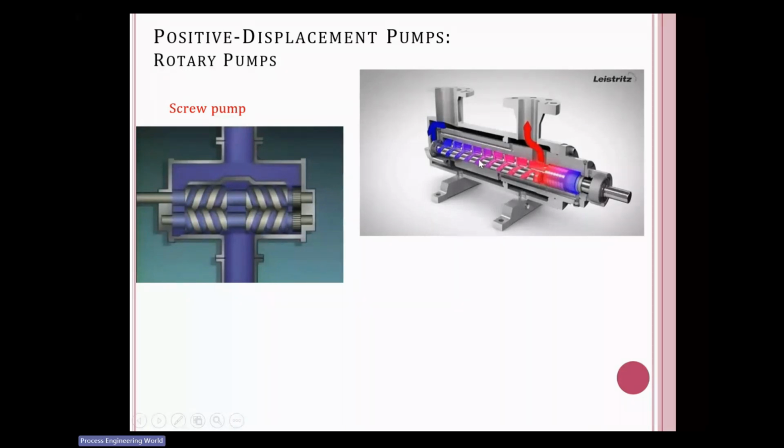The screw rotates, and by rotating it pushes the fluid in the forward direction from left to right, and the fluid is then discharged. These screw pumps are basically used for fluids which are a heterogeneous mass or have high solid concentration, let's say 30%, 40%, 50% solids, but a heterogeneous mass.